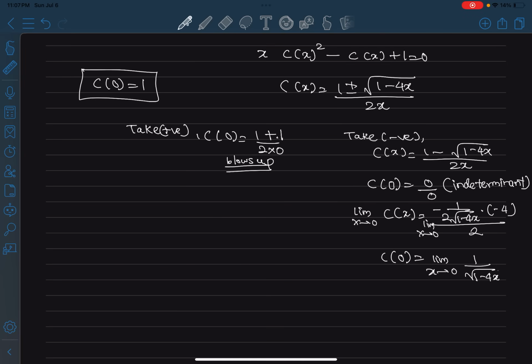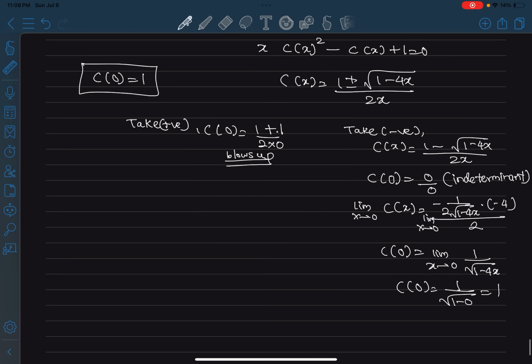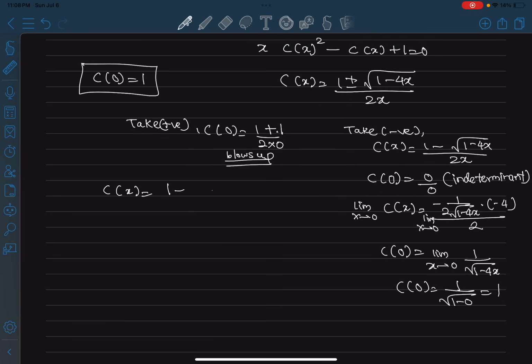The 2 times 2, 4, cancels with 4, and minus minus is plus. And if you substitute x as 0 over here, this just becomes 1 by the square root of 1 minus 0, which is just 1. So this actually works. Therefore, our c of x should be 1 minus the square root of 1 minus 4x, over 2x, right? So now we have a rational function expression for c of x.